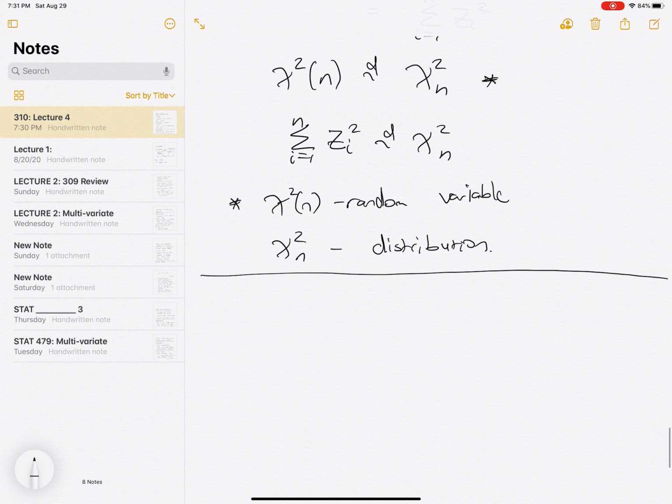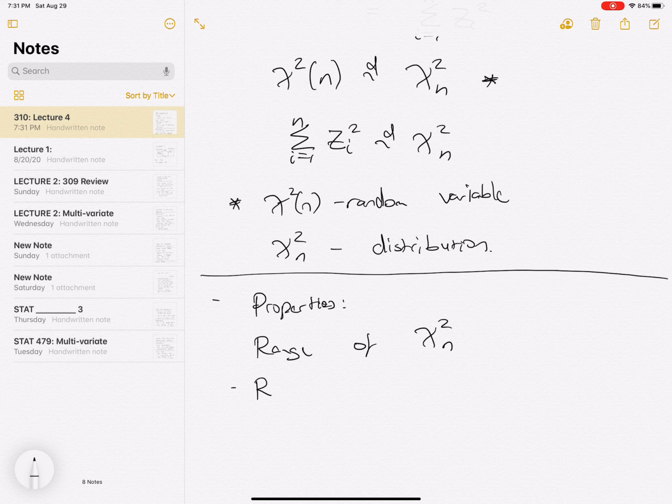Okay, so let's think a bit about these properties. The range of chi-squared n: here we can hopefully see that we're squaring random variables and then summing them up.